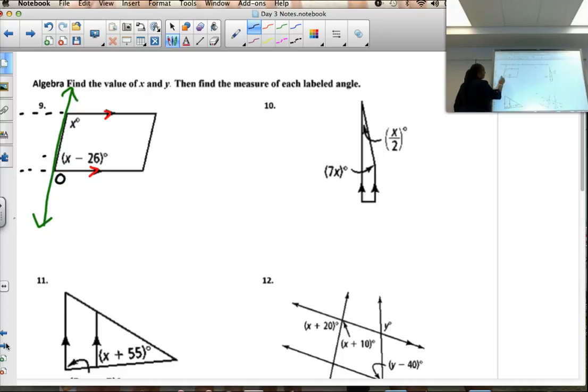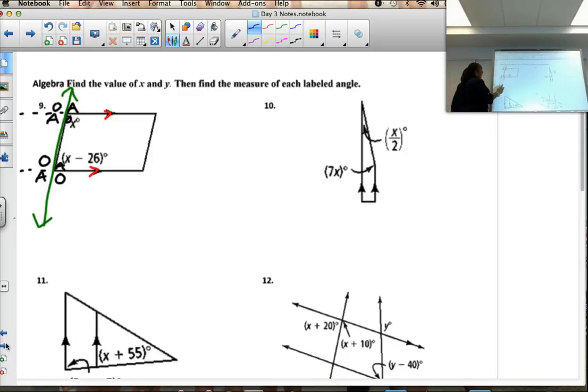So this is an O, this is an A, this is an O, this is an A. Now, between the two parallel lines, on the same side of the transversal, if you didn't want to put A's and O's on, you could just memorize that same side, remember the S's, same side interior angles are what?